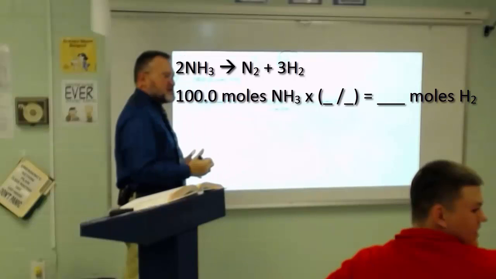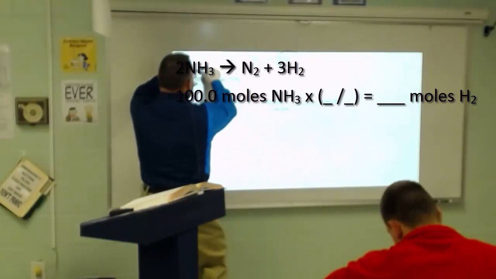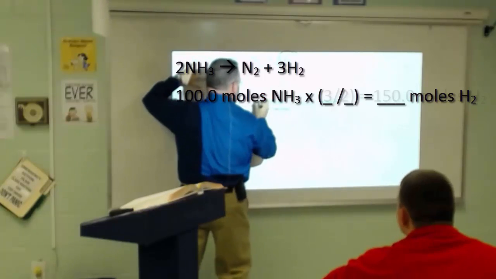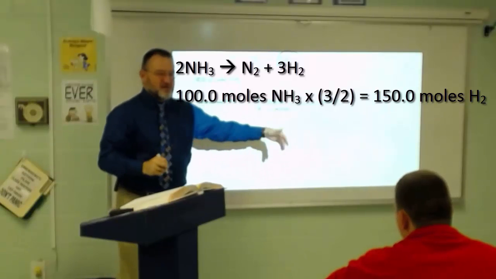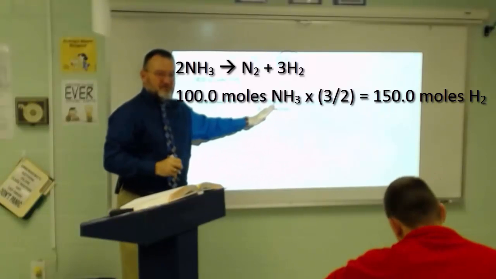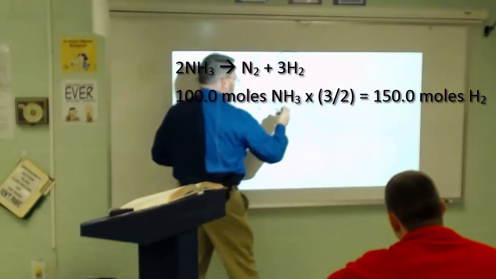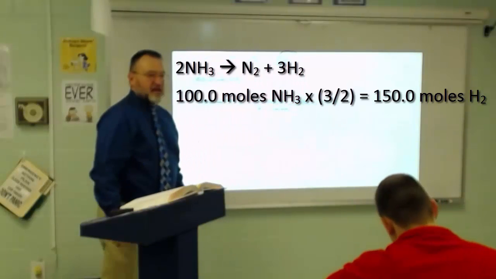That's my basic setup. My relationship between NH3 and H2, I have 2 moles of NH3 produces 3 moles of H2. So my multiplication factor is 1.5 times. 3 divided by 2 is 1.5. So 1.5 times 100 is 150. It produces 150 moles of H2.